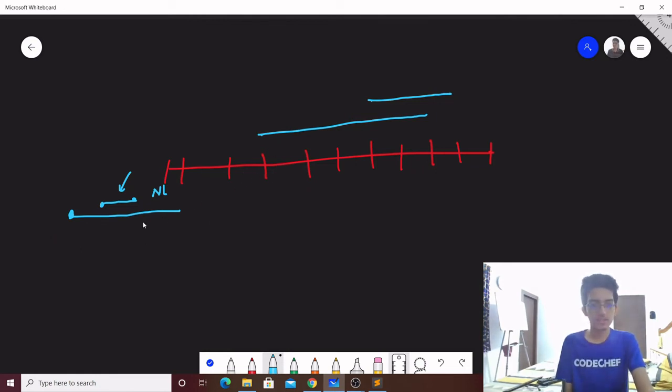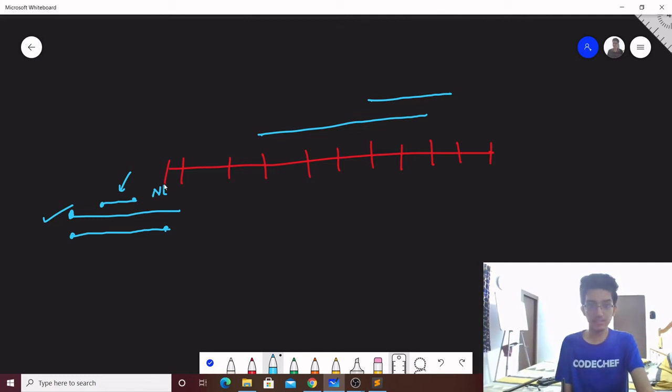But let's say that this blue segment was starting here and it ended over here, then in this case it would have made sense to pick this blue segment because this is covering more of the red segments. So we are doing greedy picks.